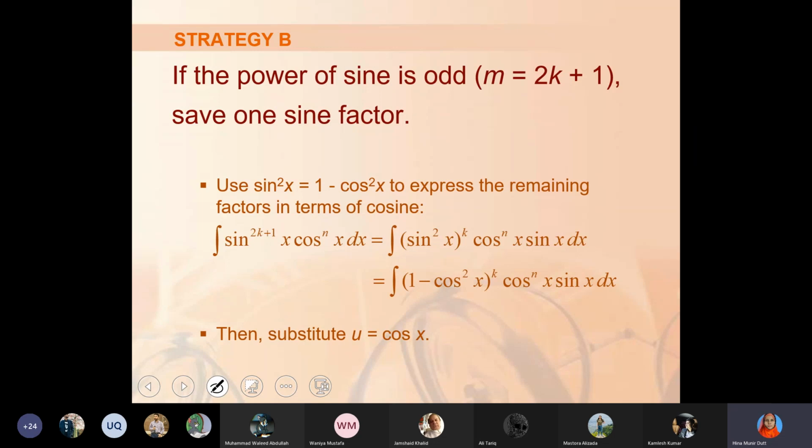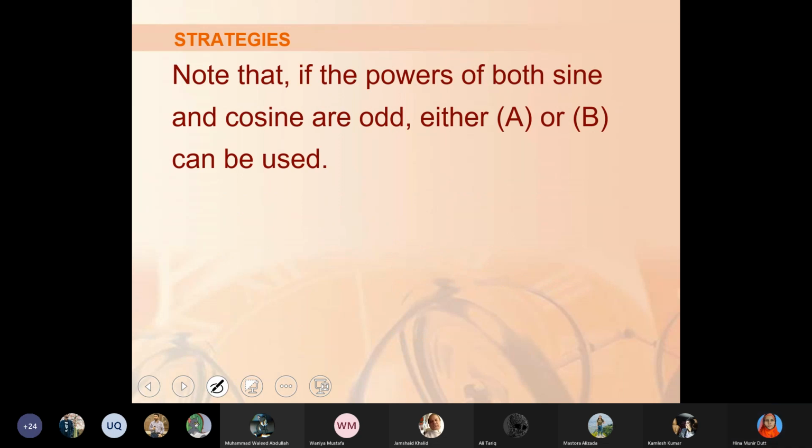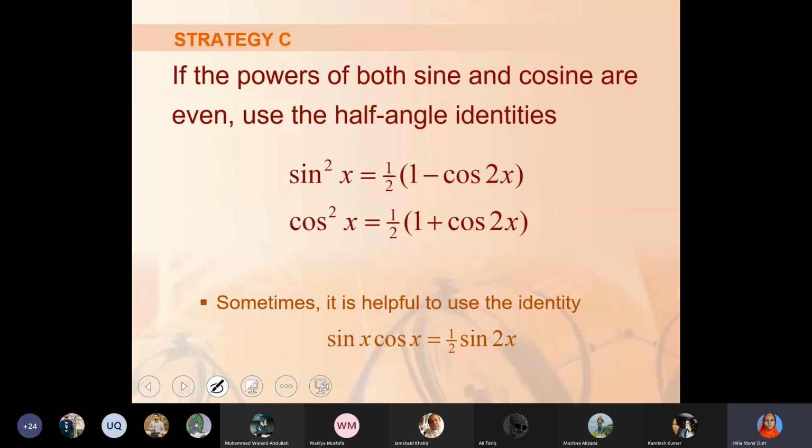Strategy B: if the power of sine is odd, we save one sine factor and express the remaining factors in terms of cosine. If both powers are odd, we can use either strategy A or B. Strategy C: if both powers of sine and cosine are even, we use the half angle identity.